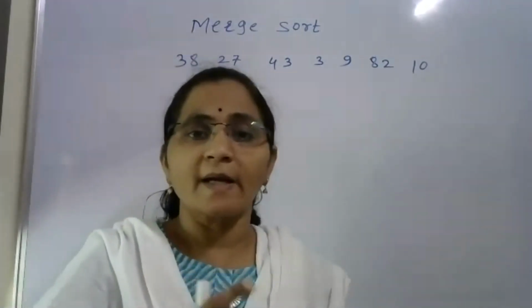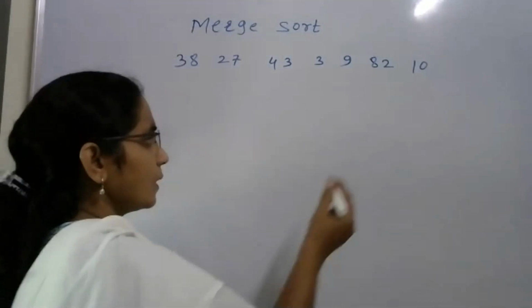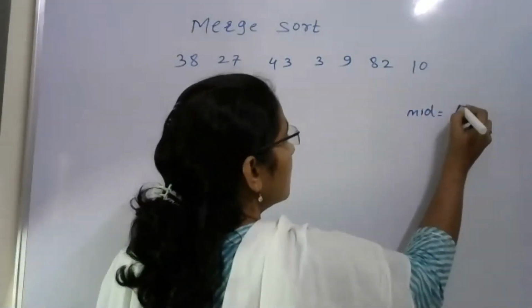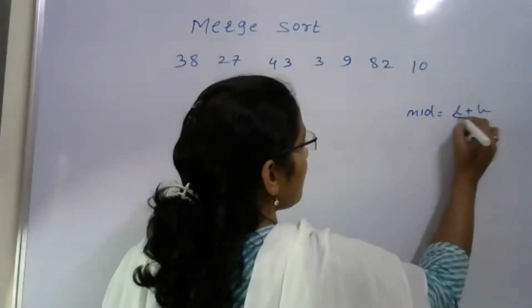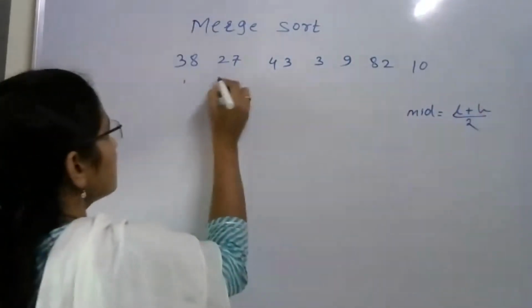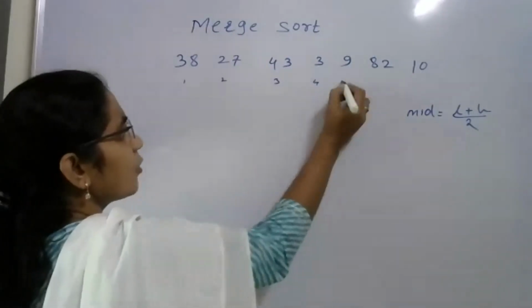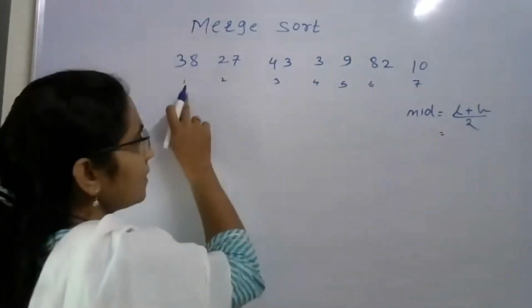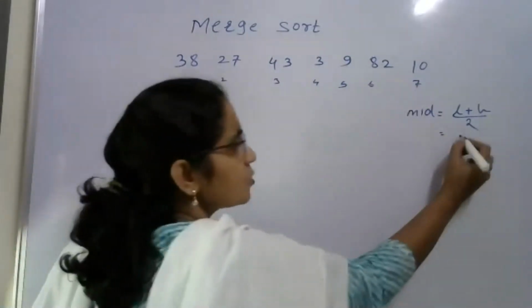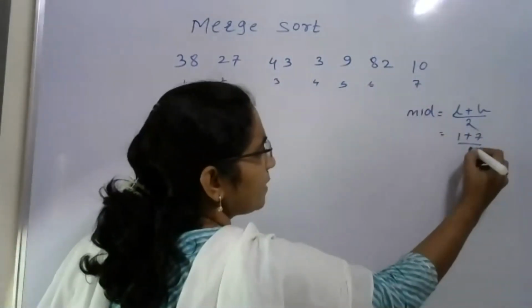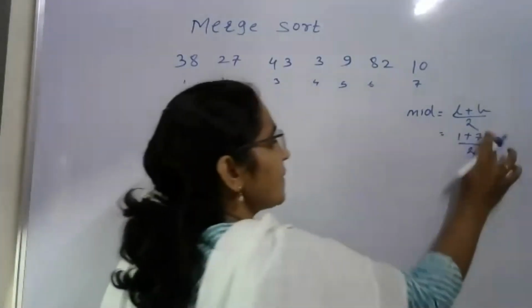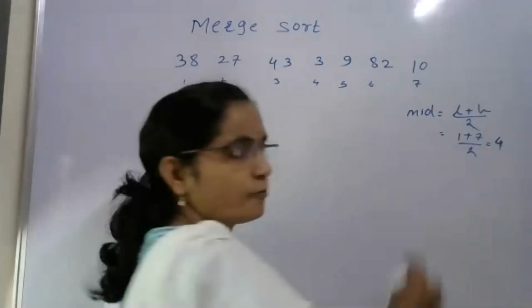So how to divide? For that, you have to calculate the middle element. And how to calculate the middle element? Lower plus higher by 2. This is 1, 2, 3, 4, 5, 6, and then 7. So lower is 1, higher is 7. 1 plus 7 is 8, by 2, that is equal to 4.